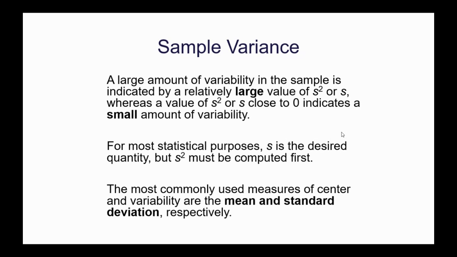That's why most commonly we use mean and standard deviation for center and variability. Or another way to say it, central tendency and spread. Mean is your measure of central tendency. Standard deviation is usually your measure of spread.